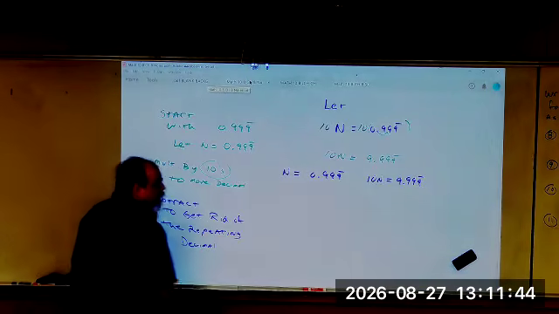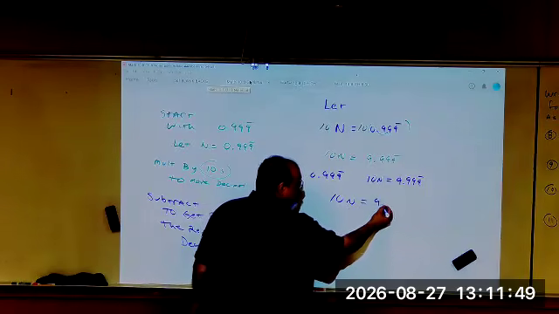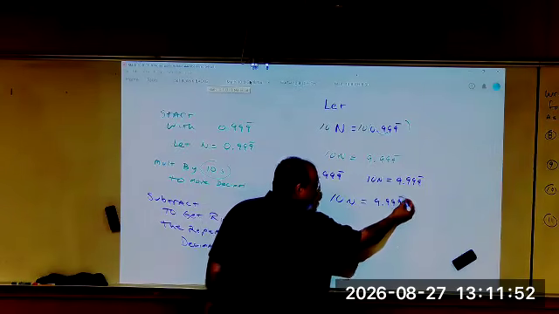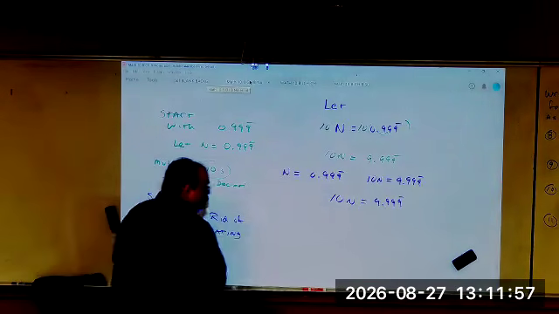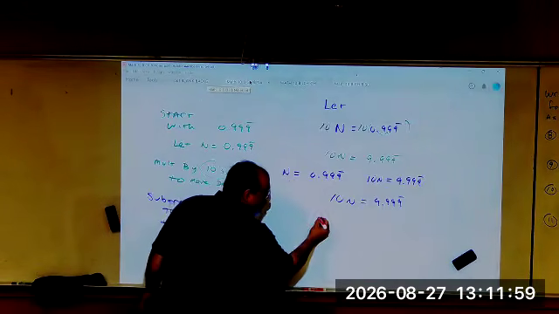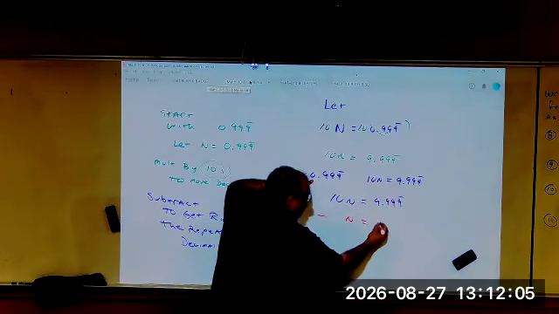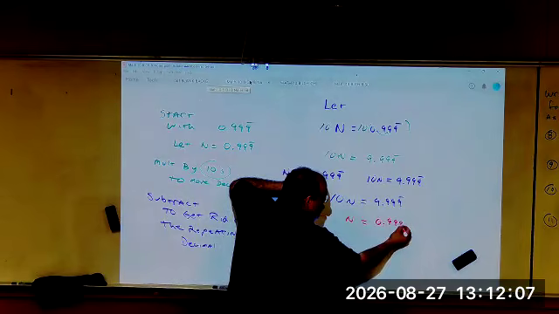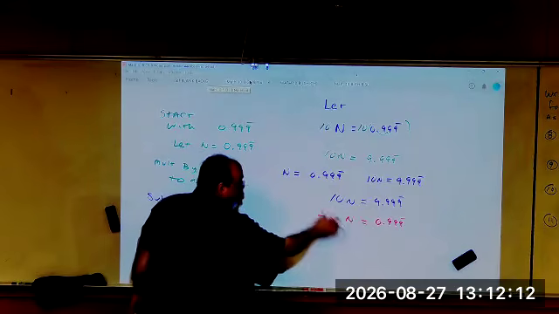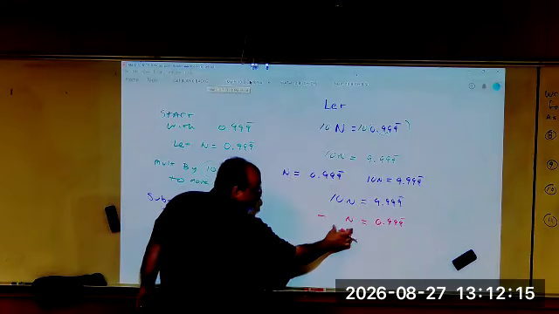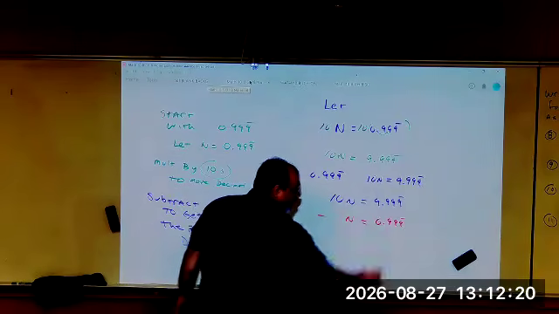So watch. I'm going to take my 10 times n, which is 9.999 repeating, and I'm going to subtract 1n from this side, and I'm going to subtract this on the other side. Because it's equal. So I'm going to subtract it as an n on the left side, because they're like terms, and subtract that from the number side, because they're like terms.